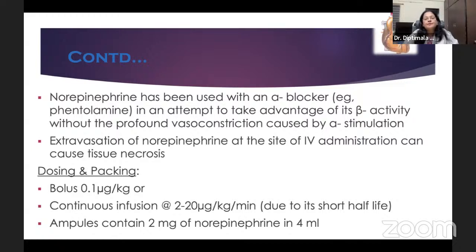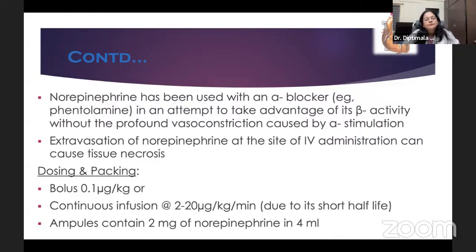Extravasation of norepinephrine at the site of IV administration can cause tissue necrosis. So for any patient in septic shock, when these vasopressors and inotropes have to be administered, a central line is always secured first. The usual route for insertion of central line is through the internal jugular vein.